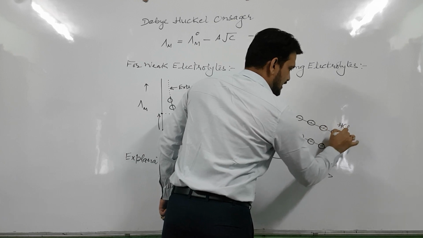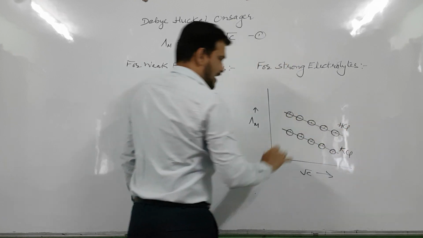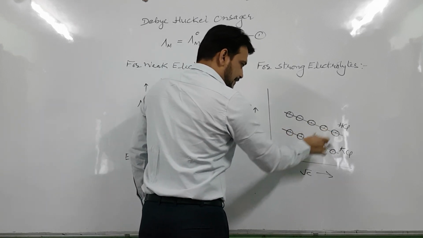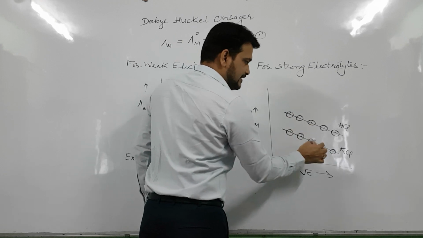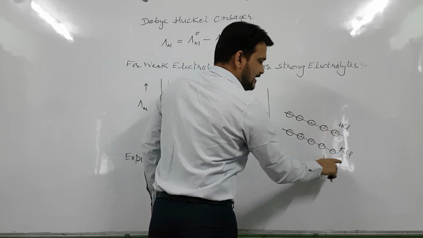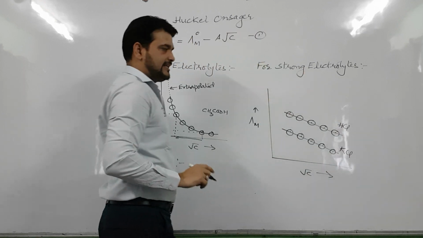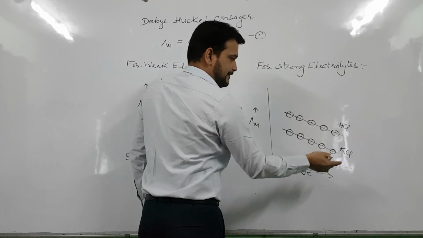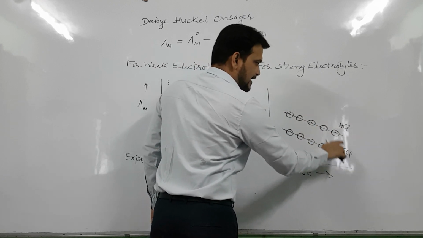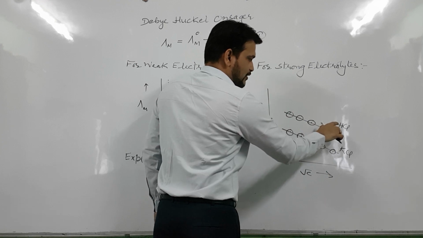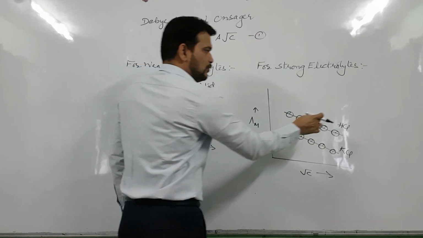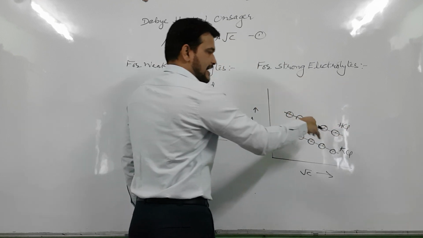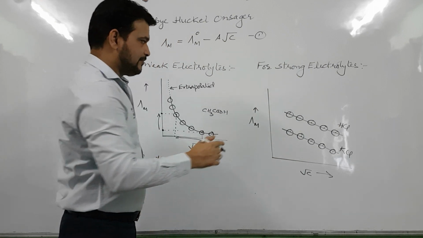This is the graph for HCl and this is the graph for KCl. The graphical representation shows that the molar conductance of HCl is greater than the molar conductance of KCl. Though in both cases there are chloride ions, the difference is that here it is the potassium ion and here it is the hydronium ion or H positive ion. Due to the light weight of H positive ions, their mobility is higher and hence their conductivity is high.